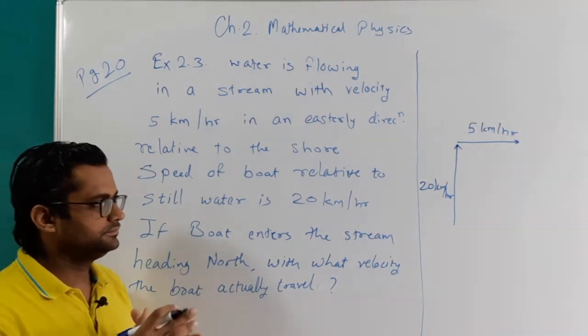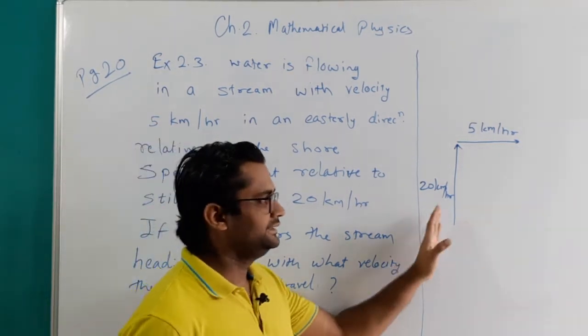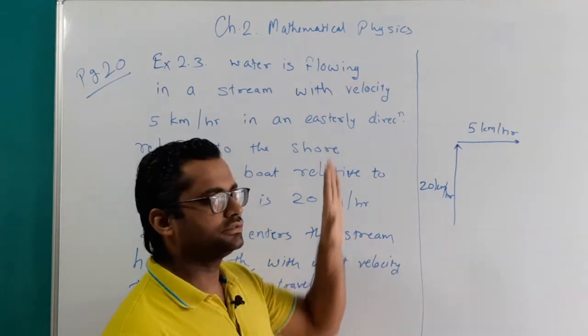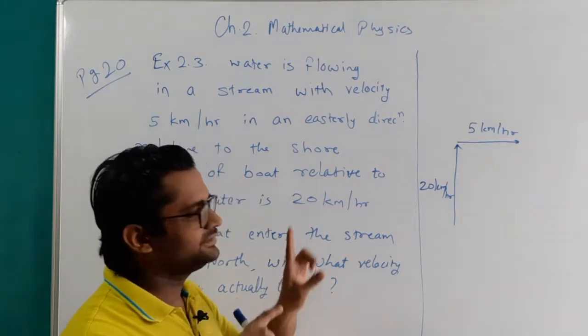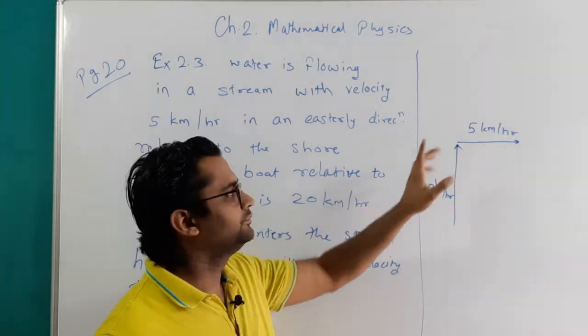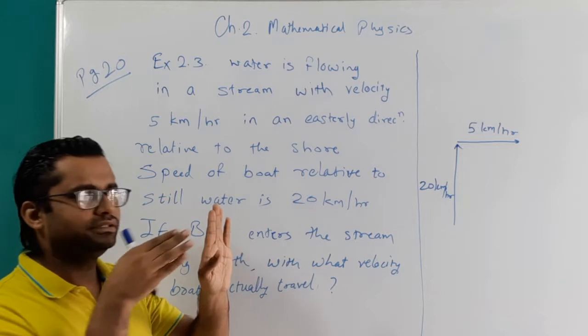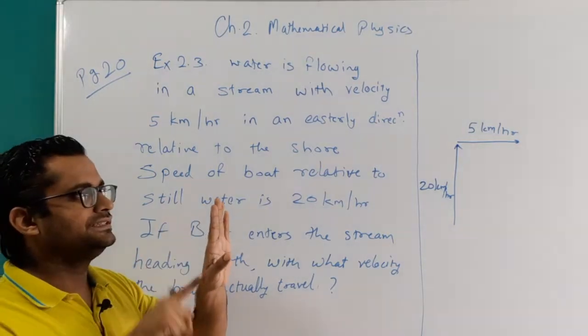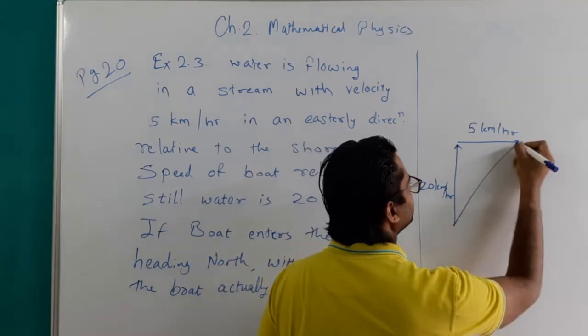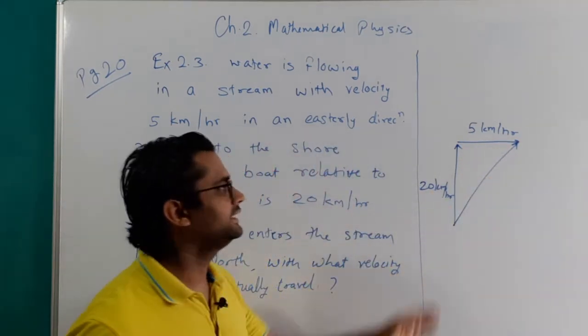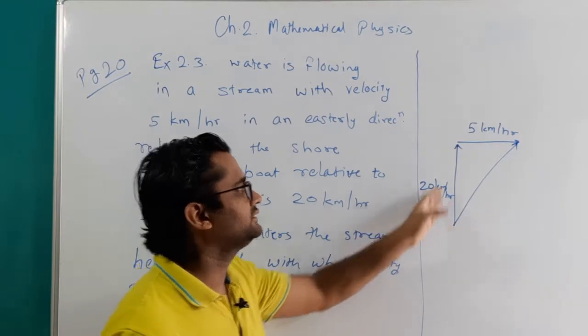Now look at the situation. The boat is moving towards north with speed 20. If the water is still, it will move in a straight line like this. But since the water is flowing, the water will take the boat in this way instead of the straight path. If you look at the diagram, this is a triangle, so we will use the triangle law of vector here.